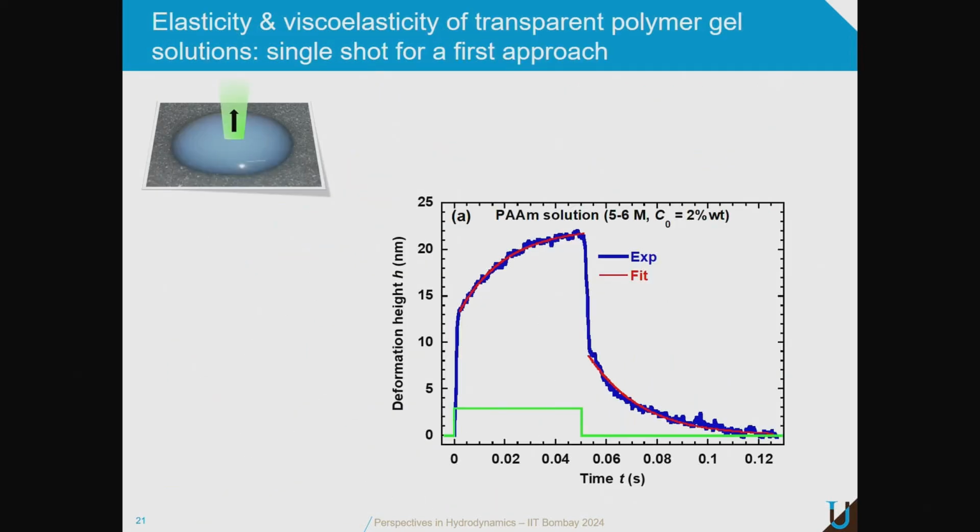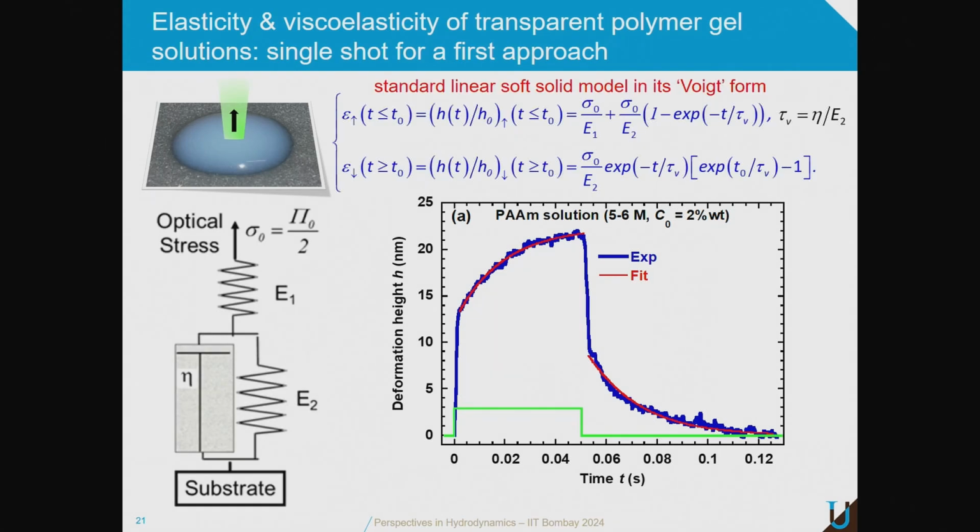So what about viscoelastic systems? So we try PAM solutions. So you have a typical deformation, elasticity, viscoelasticity, elasticity, viscoelasticity. I have to go fast, but the idea is we took a 1D system because viscoelasticity with lasers starts to be very complicated.